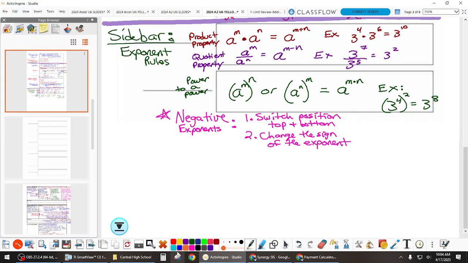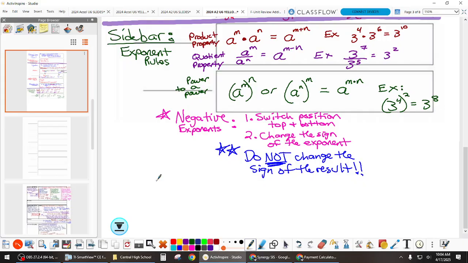Does a negative exponent affect the sign of the answer? No, do not change the sign of the result. Can't really overemphasize that. Negative exponents have nothing to do with the sign of the result at all.